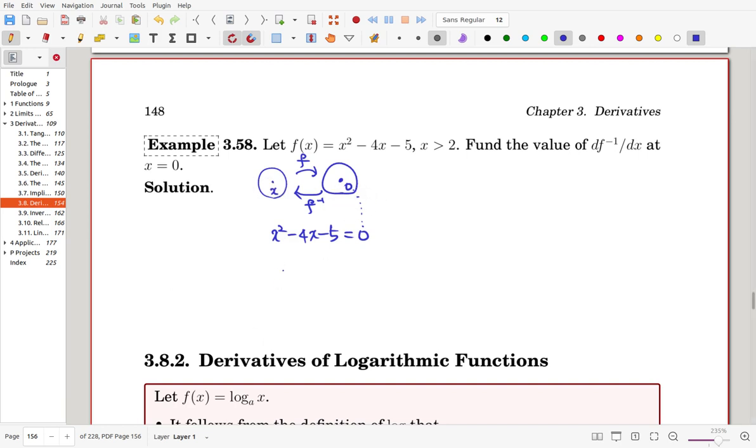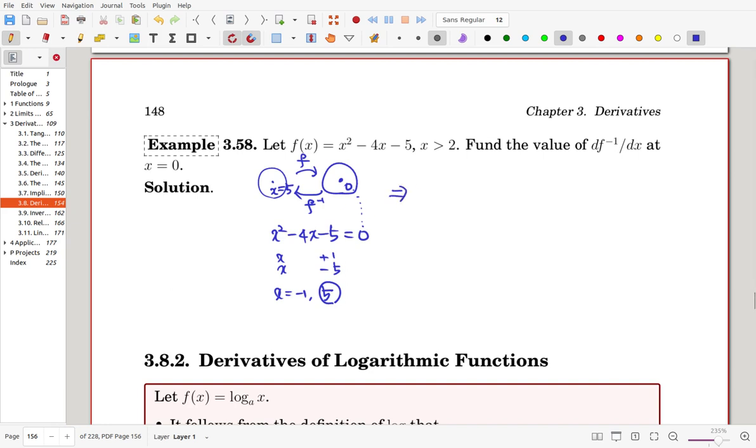Okay. Now, the factors are 1 and 5 with a minus and plus, which means that x equals -1 and 5. But x must be larger than 2, which means that we have only the point x equals 5. So that point is now 5.